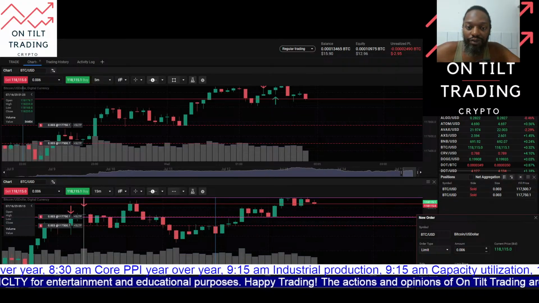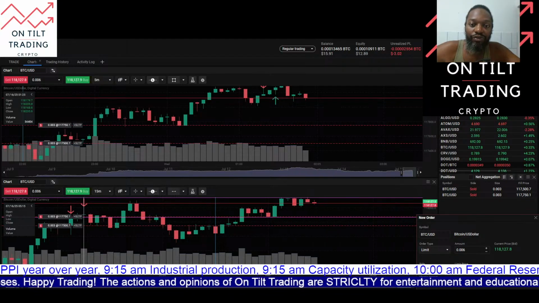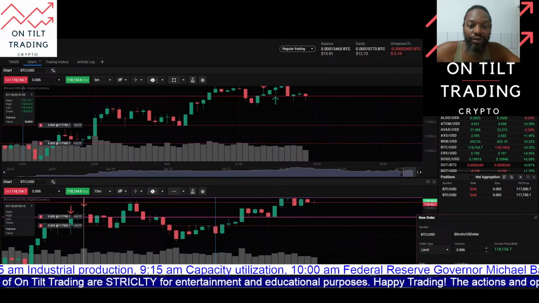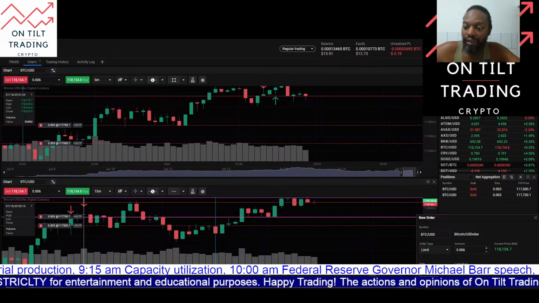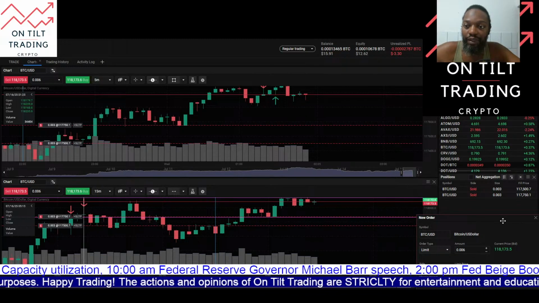So if price action closes below this level, there'll be a market structure shift on the 5-minute. If price action closes below this level, there'll be a market structure shift on the 5 and on the 15-minute.